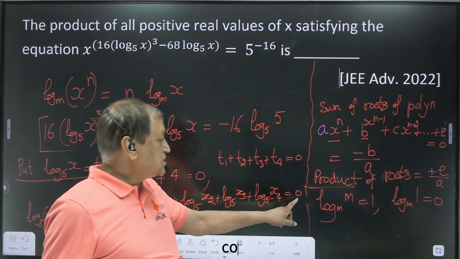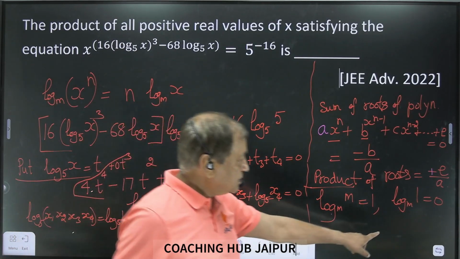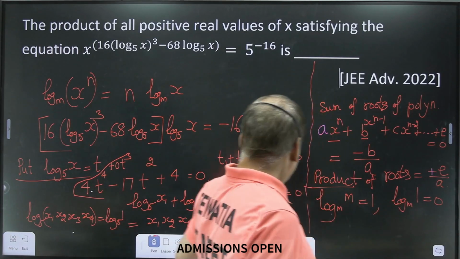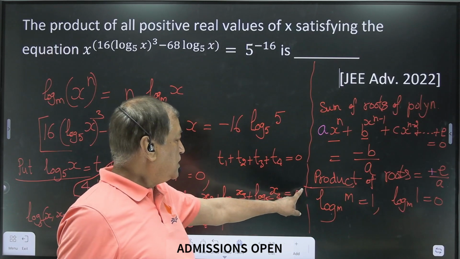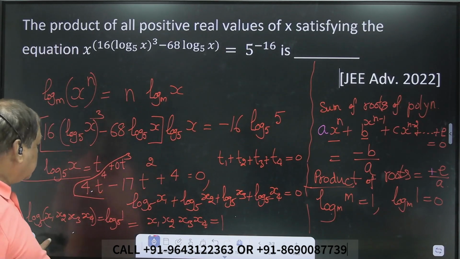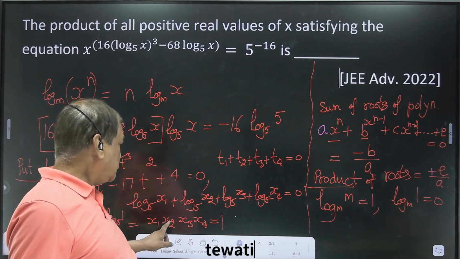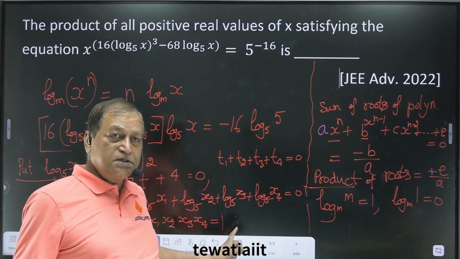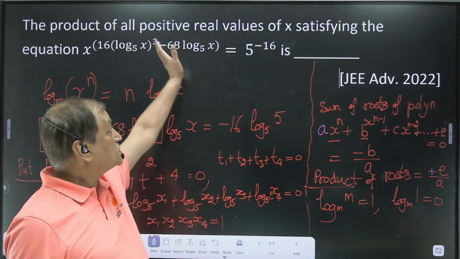We can write this 0 using the identity log 1 to the base m is 0, so 0 is log 1 to the base 5 here. Cancelling log on both sides, we get x1 into x2 into x3 into x4 equal to 1. That is the product of the roots of this equation.